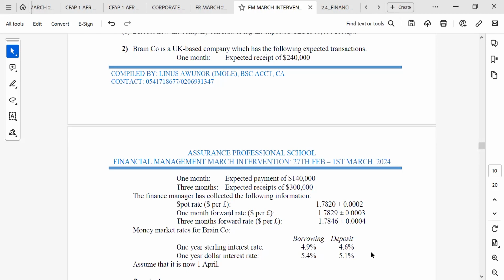So the finance manager has collected the following information: spot rate in dollars per pound, then 1 month forward rate, 3 months forward rate, and money market rate for Grain Co. It's as follows. Assume that it is now 1st April.